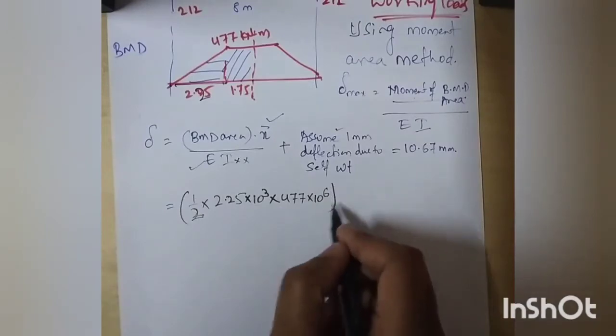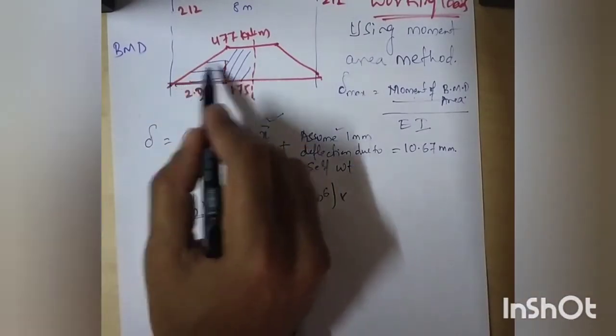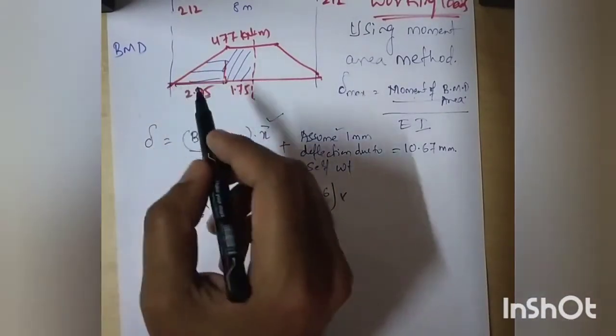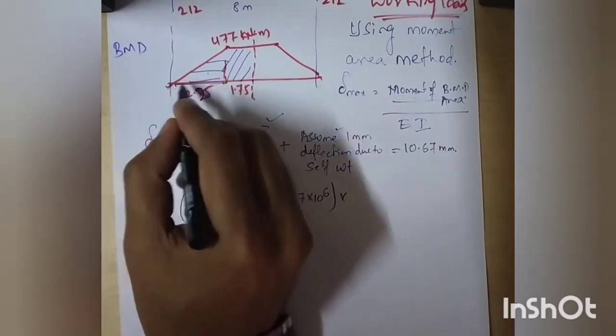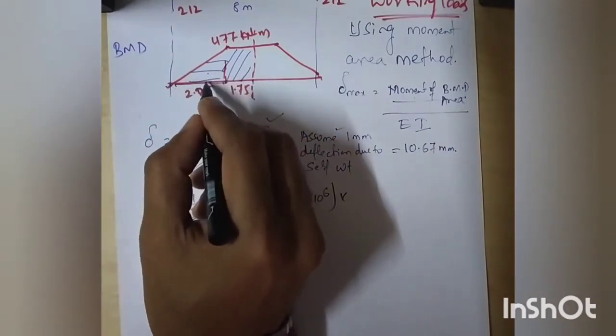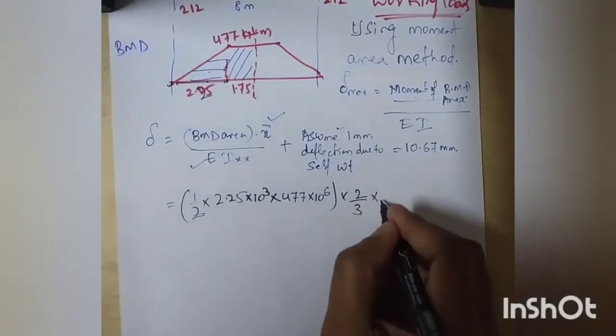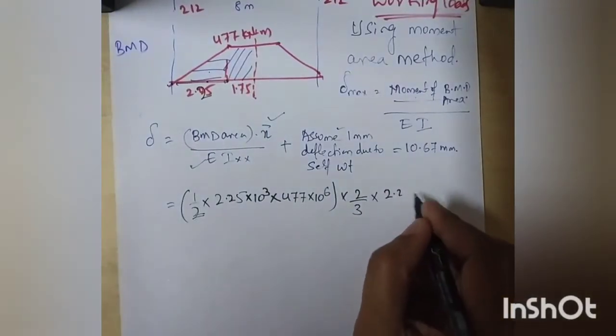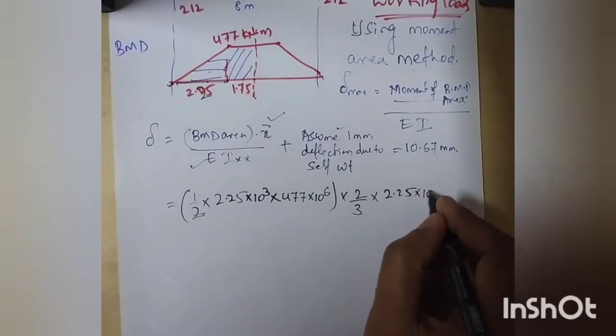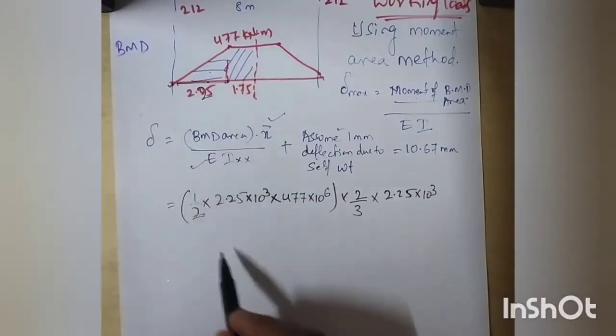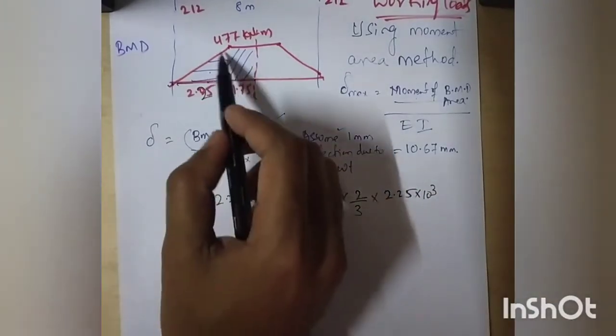This is the area, and its moment from the toe of the triangle: the CG of the triangle will be 2/3 from the toe or 1/3 from the heel, that is 2/3 of 2.25 into 10 to the power 3.